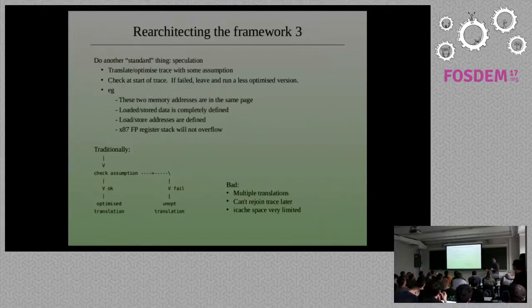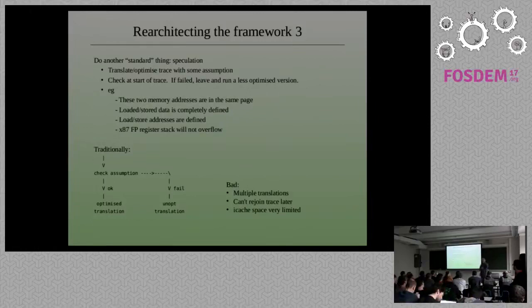So the other way which I really like to readjust this is to make it possible to do speculation in the intermediate representation. This is again another trick which is standard for JavaScript compilers, for Java compilers, anything that does dynamic compilation really, other dynamic instrumentation frameworks.